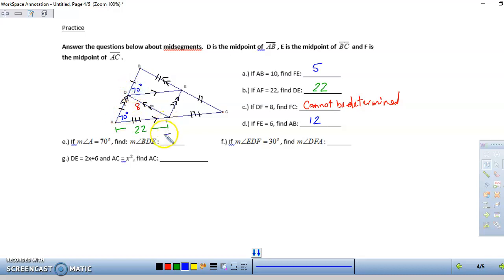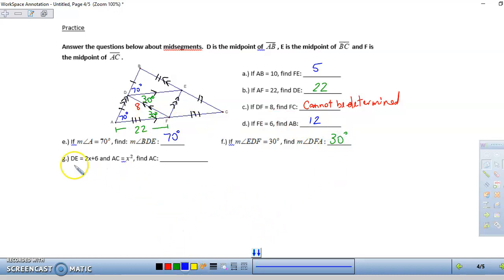So that should also be 70 degrees. EDF is 30. So EDF is 30 degrees. What is DFA? DFA, notice there's a Z we can draw with those parallels. So this is going to be 30 degrees.